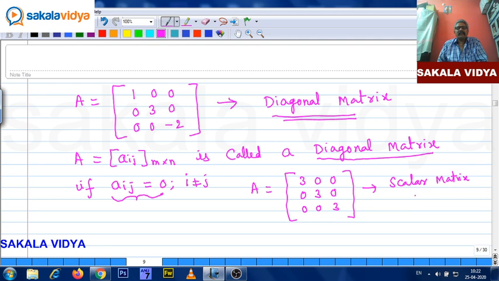For example, consider this matrix, 1 0 0, 0 1 0, 0 0 1. This is also a scalar matrix, but all the elements of the principal diagonal are equal to 1. So that's why this is called an identity matrix.